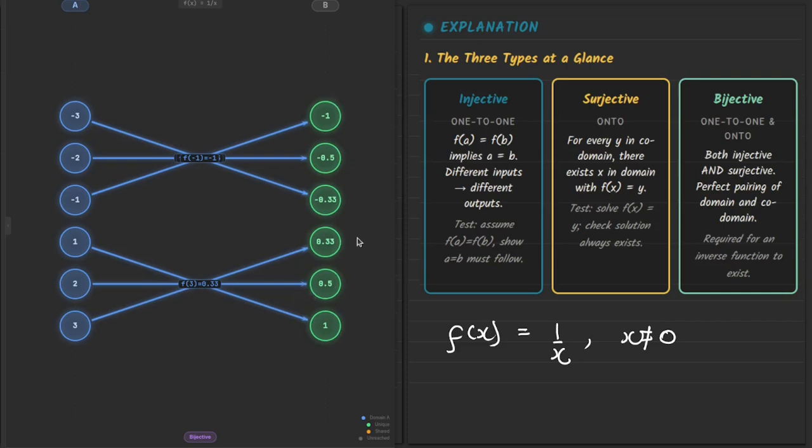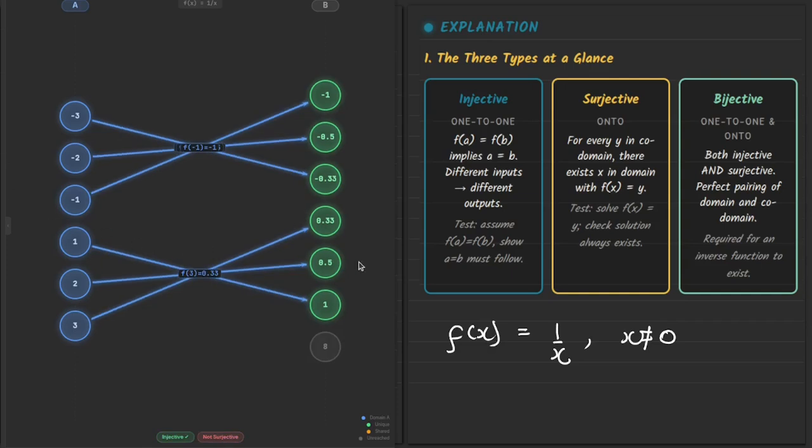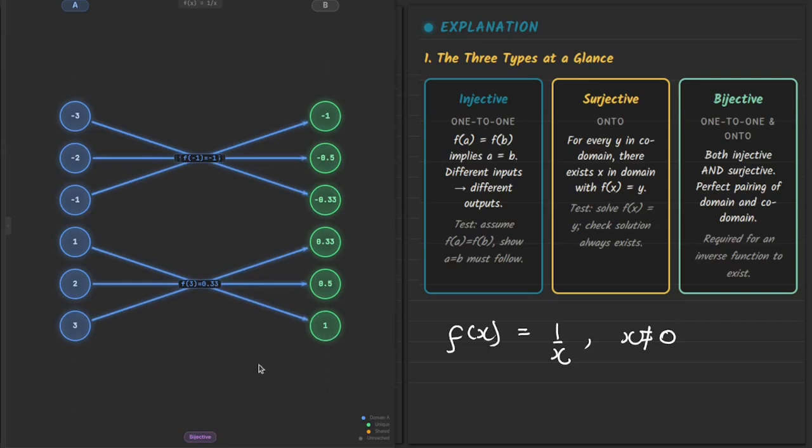There is no element in the codomain that has not been mapped. If we were to bring an element in here, it ceases to be what? Bijective. Because even though it is injective, it is not surjective. You get it? So it should satisfy both. Hence, if I'm to remove my 8 from here, it now says it is what? Bijective. So that is it for these 3 types of functions we'll be looking at.